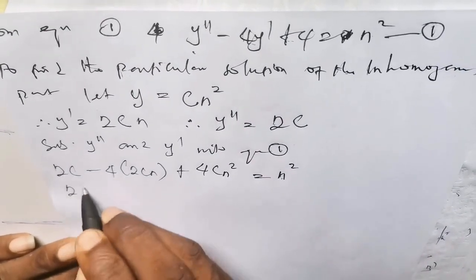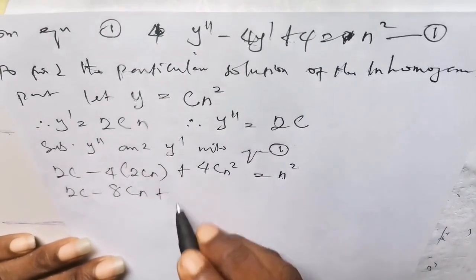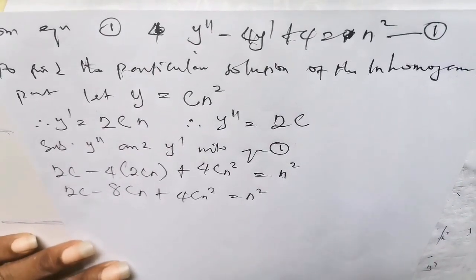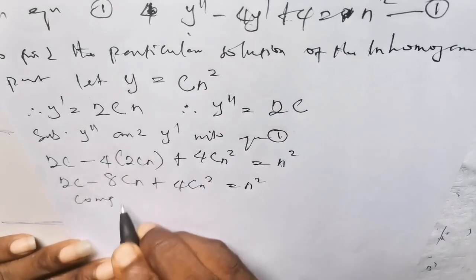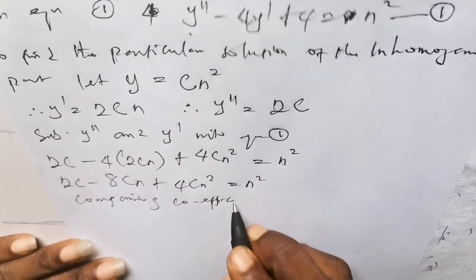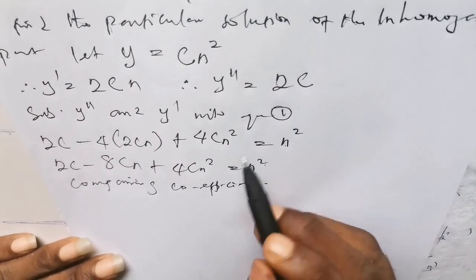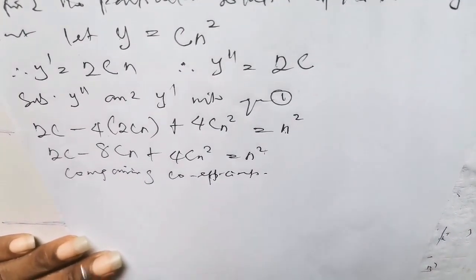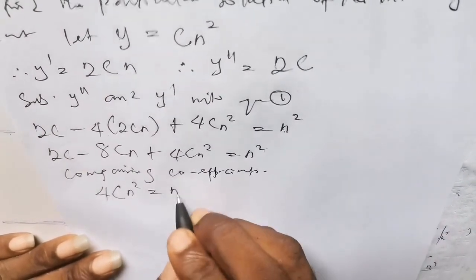This gives us 2c minus 8cn plus 4cn squared is equal to n squared. So at this point, what we'll do is compare coefficients. What I have on the right hand side is n squared, so I compare terms with n squared. So I have here 4cn squared equal to n squared.